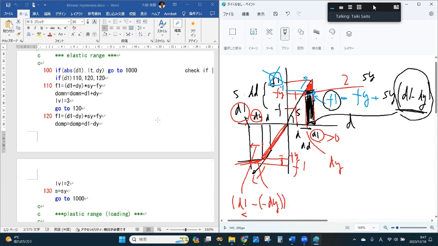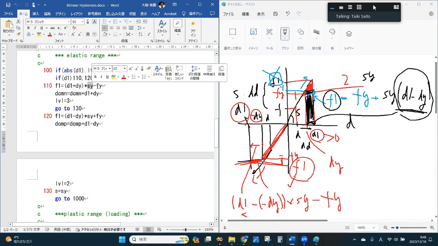This is the deformation here. Multiply by Sy, the second slope, minus Fy. So this will be the new force. If you look at this formula, D1 plus Dy, the first one, multiplied by Sy, the stiffness of the second slope, minus Fy, it will be the new force.